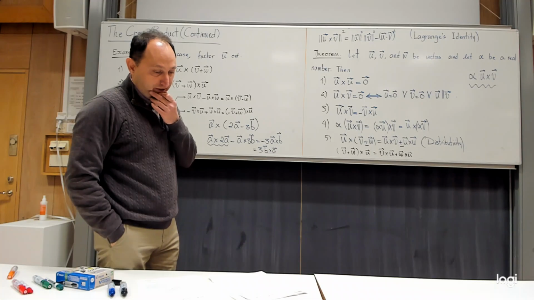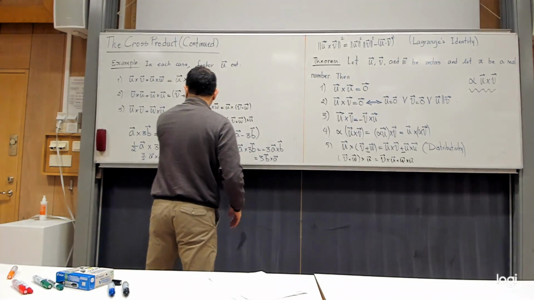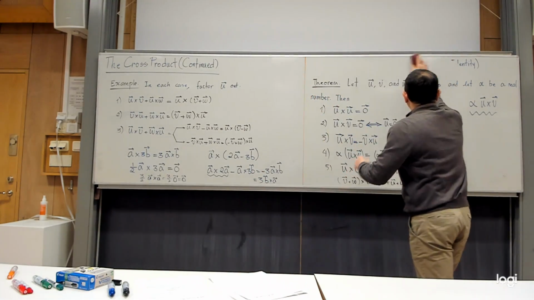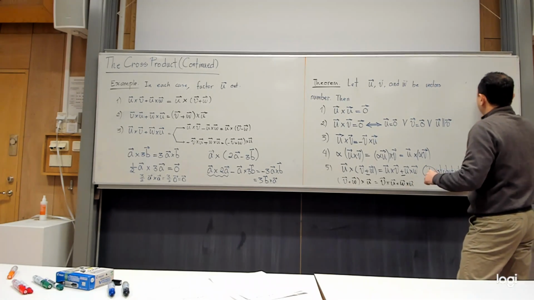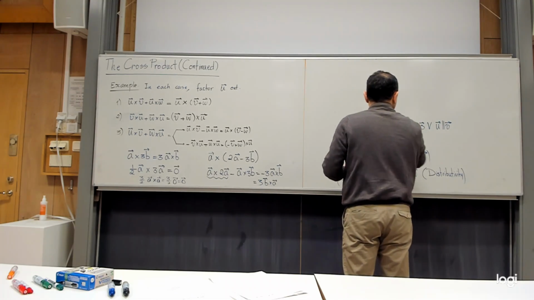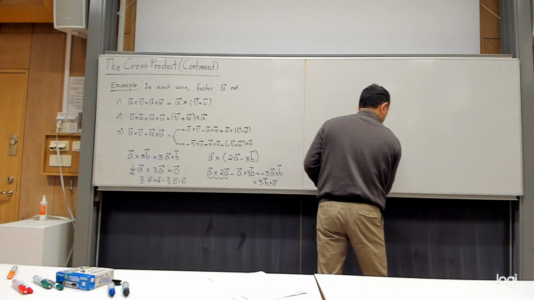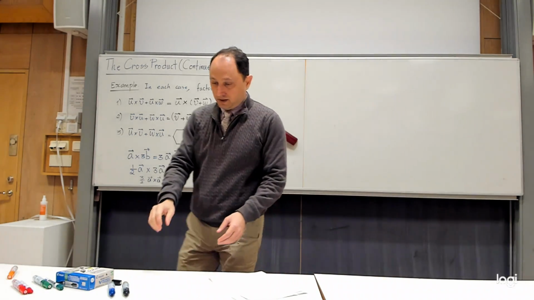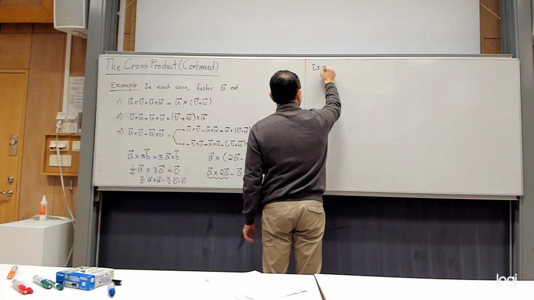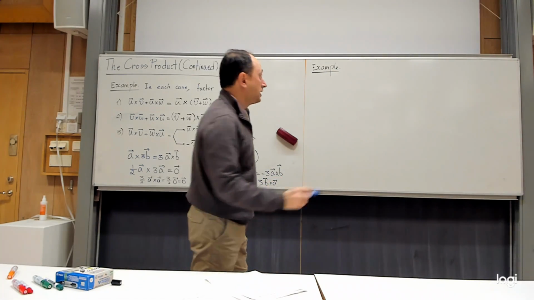Okay, so let me give you one example. This is very simple. We want to practice a little bit of simple algebra between vectors involving cross products. Example: simplify as much as possible.